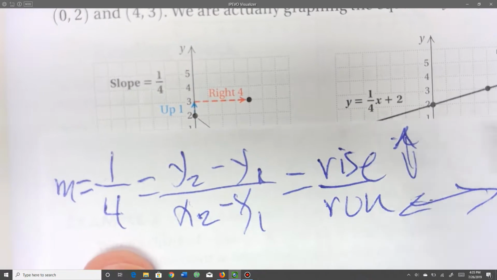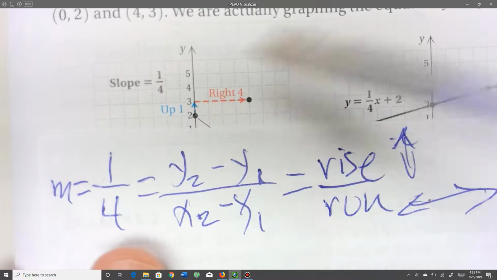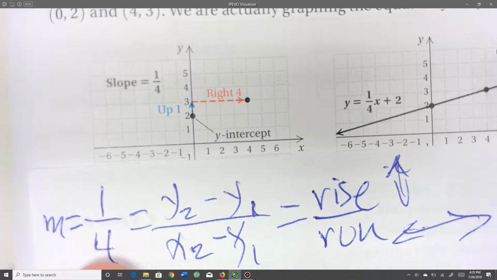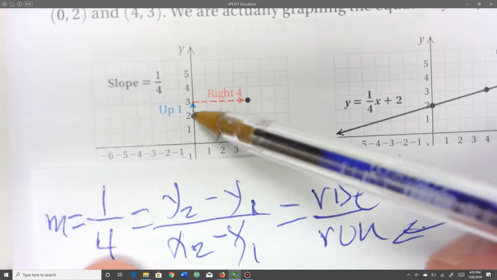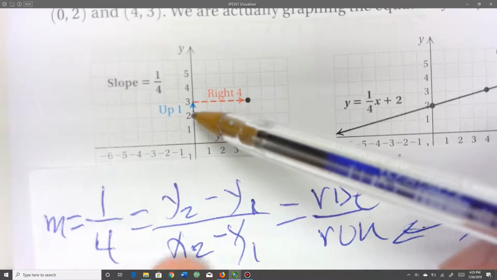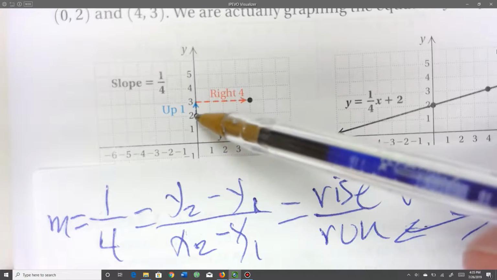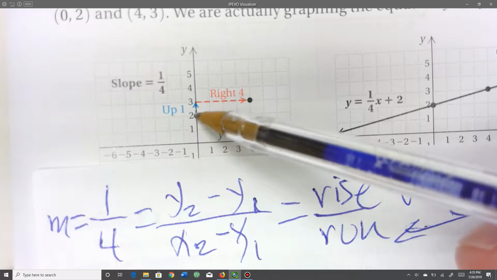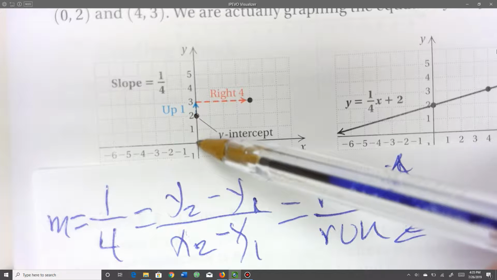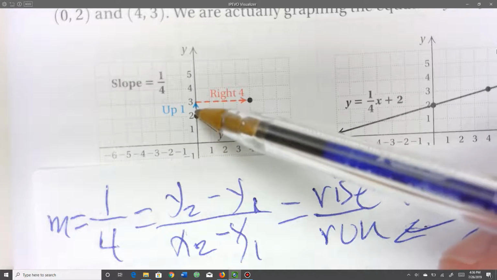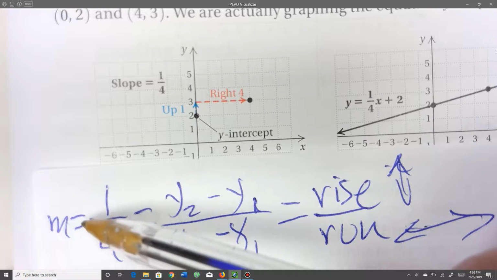So in this case I'm going to start at the point I plotted, and then do my slope from there. Okay, notice that I'm not starting at the origin, okay? I am not starting at the origin, not when I'm plotting my slope.